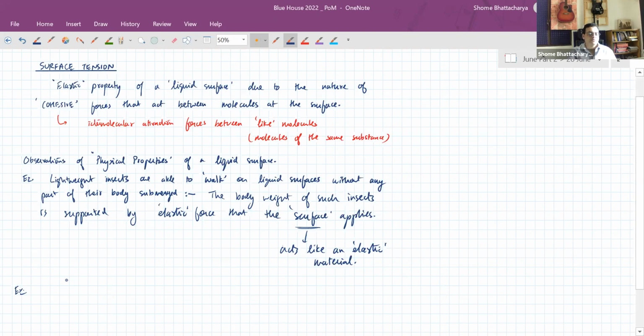So this kind of wave propagation, or what we call transverse wave propagation, caused by vertical oscillation of liquid molecules at the surface, causing mechanical oscillations to propagate horizontally or tangentially on the surface, is again possible because of the elasticity that the surface has. It causes the propagation of such oscillations and waves.